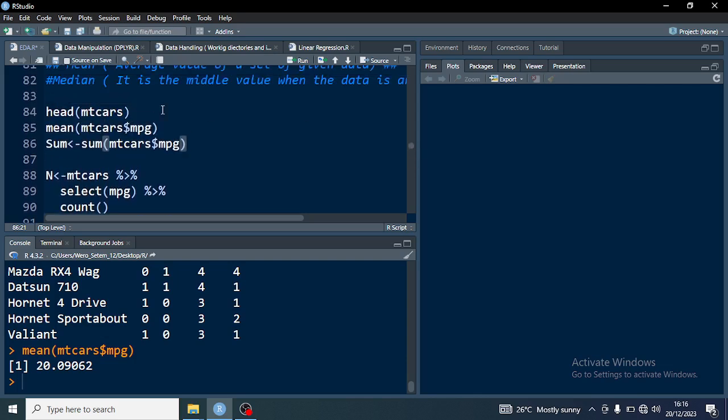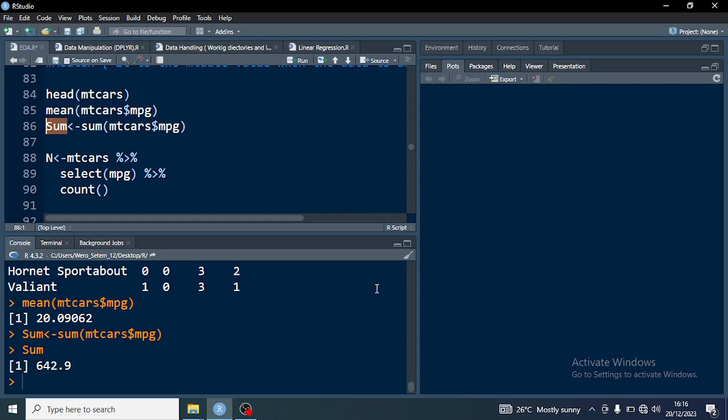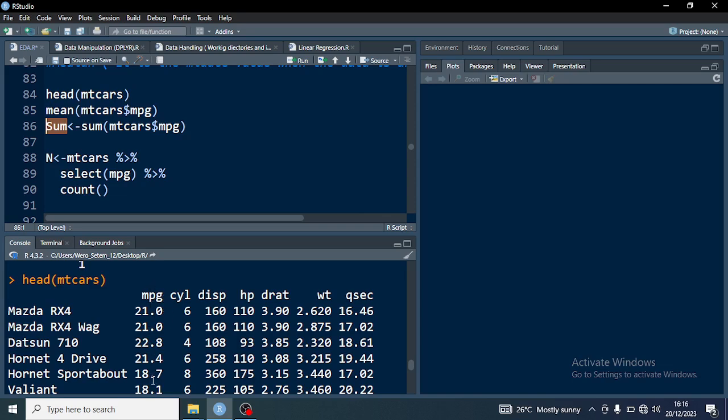You create a variable called sum, and you use the sum function. You want the summation of the mtcars MPG column. Run that. It's 642.2. What does that mean? It is the summation of this entire column.